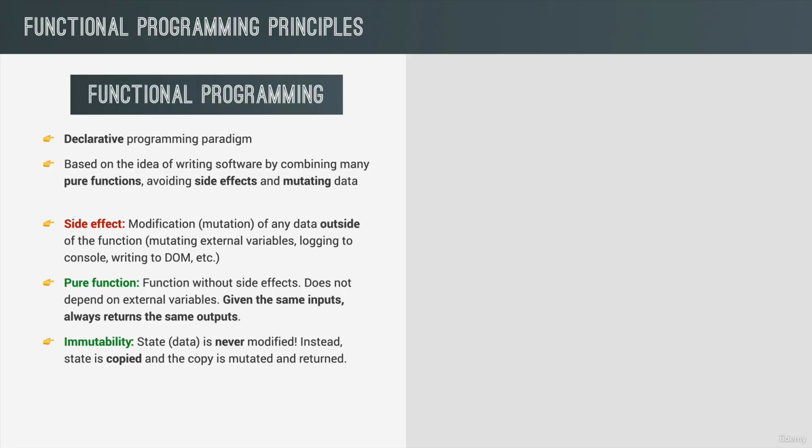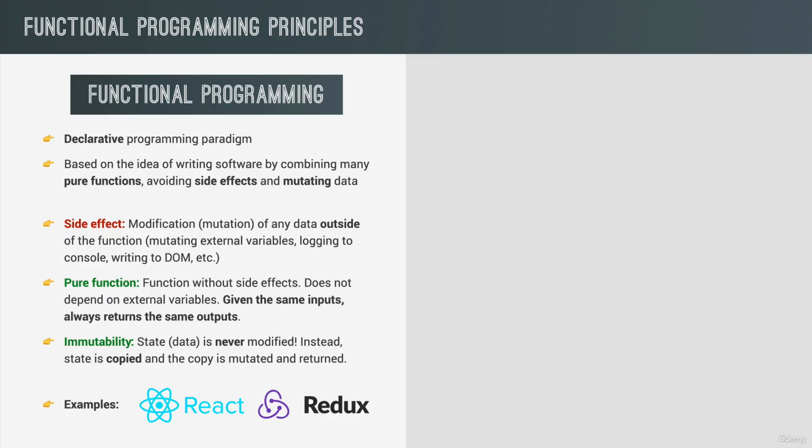Now, I'm telling you all this not with the goal of turning you into a functional programmer, because that would actually be a very hard task, because this is really just a very high-level introduction to what functional programming actually is. But behind the surface, functional programming is a huge paradigm which is really difficult to implement in practice. But it is still very important that you know some of these principles, such as side effects, pure functions, and immutability, because many of the popular libraries, such as React or Redux, are actually built around all of these principles.